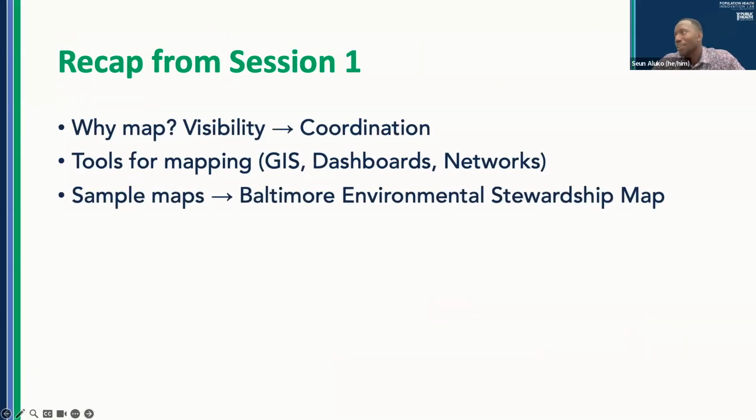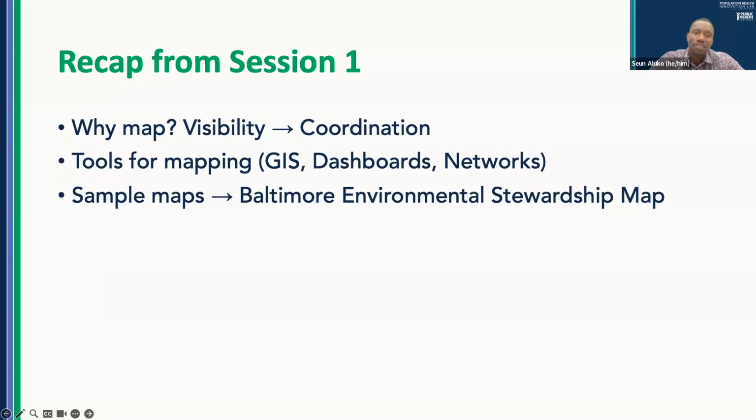Since not everyone on the call today was part of the first session, I figured we would reground and recap from what we talked about last time. So, why mapping matters. One of the things I kept saying last time was, you can't coordinate what you cannot see.